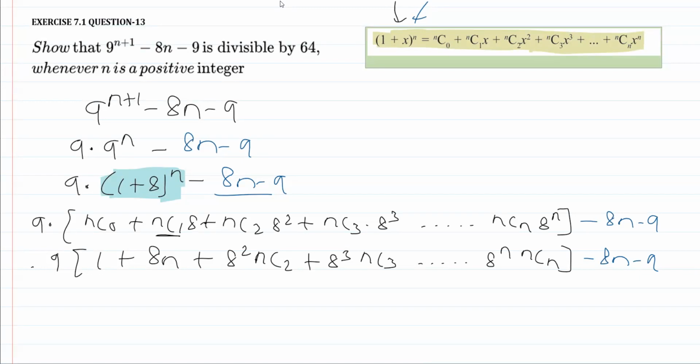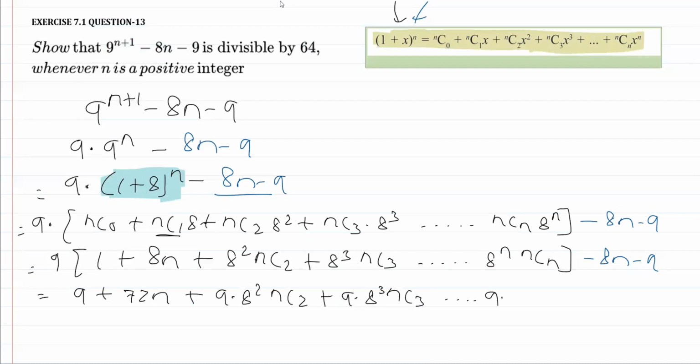If you open this bracket, you can see that 9 will be multiplied with each term. So this is 9 into 8n, that is 72n, plus 9 into 8 square NC2, plus 9 into 8 raised to the power 3 NC3, and so on, and 9 into 8 raised to the power n NCn. We have opened the bracket, then minus 8n minus 9.